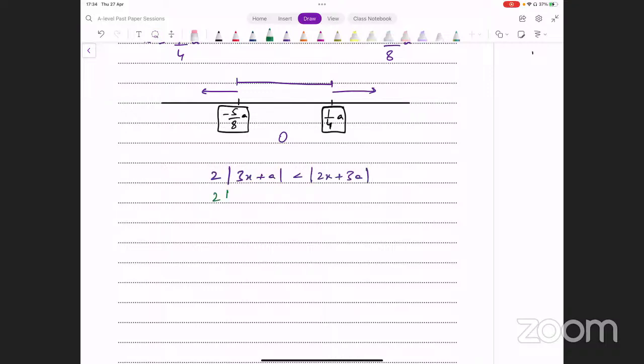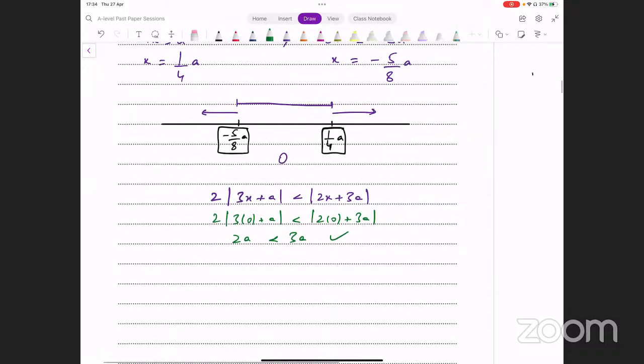So we have 2 into modulus of 3 into 0 plus a, that's less than modulus of 2 into 0 plus 3a, and this gives us 2a less than 3a. Is that correct? That is correct. 3a is indeed bigger than 2a, so this is correct. That means the middle region has to be correct and the regions on the sides are supposed to be incorrect.